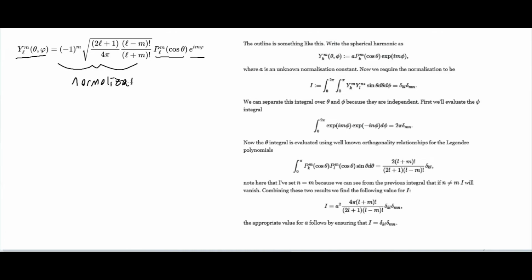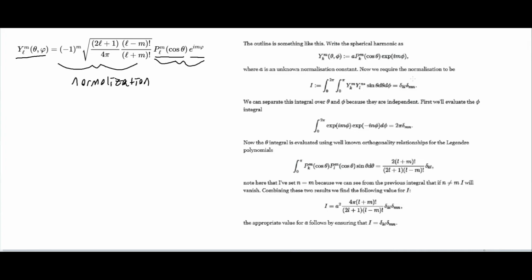And I have this here, which I just copied off of a website. I'll leave a link to this in the description below. But the outline will look something like this. So we have our spherical harmonic, and we're setting it equal to this stuff right here, multiplied by A, which is some unknown normalization constant.